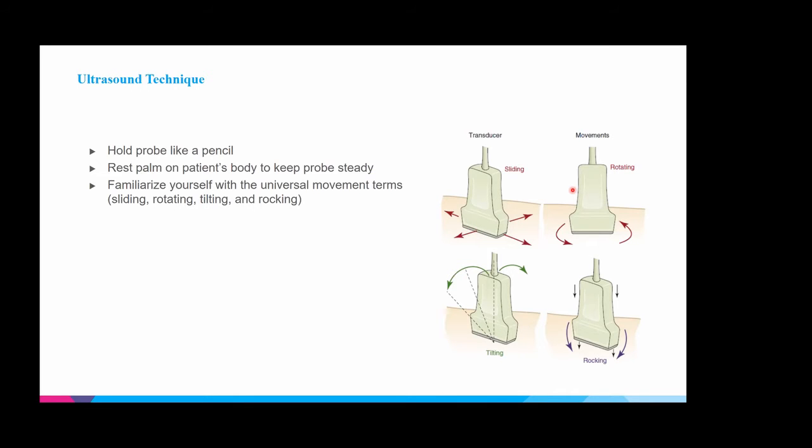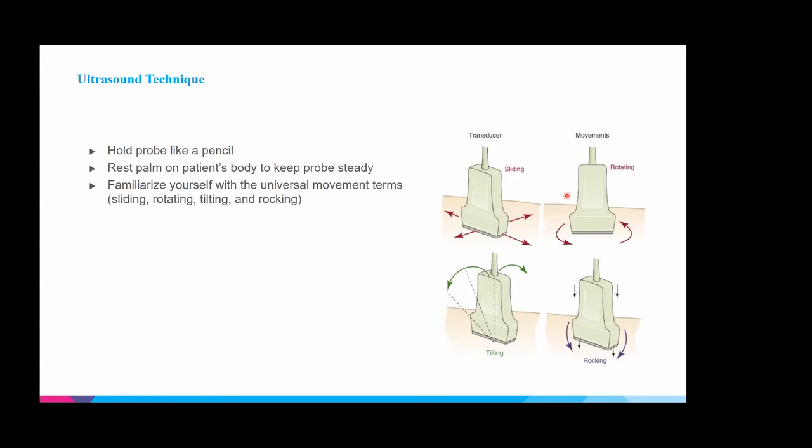And that's opposed to something called rotating, where, especially in cardiac views, you want to change the angle or the plane of how you're looking at it. So you're going to rotate either clockwise or counterclockwise.